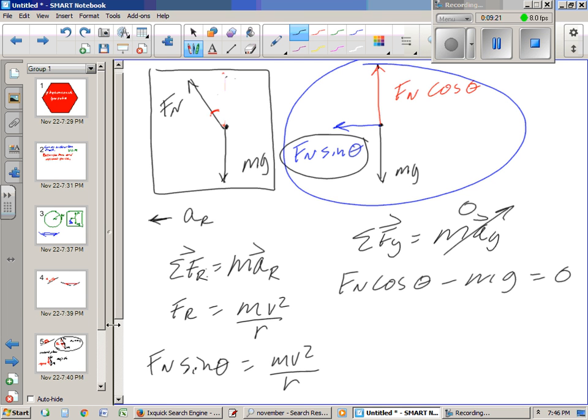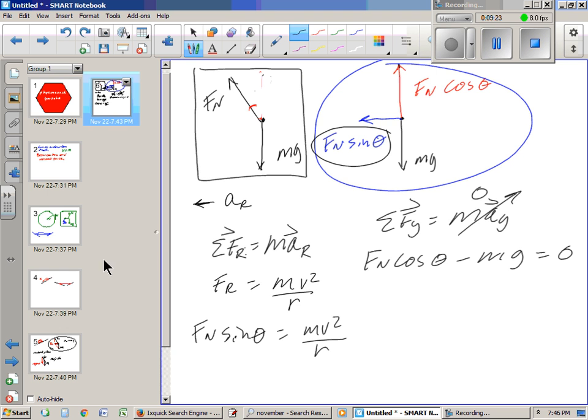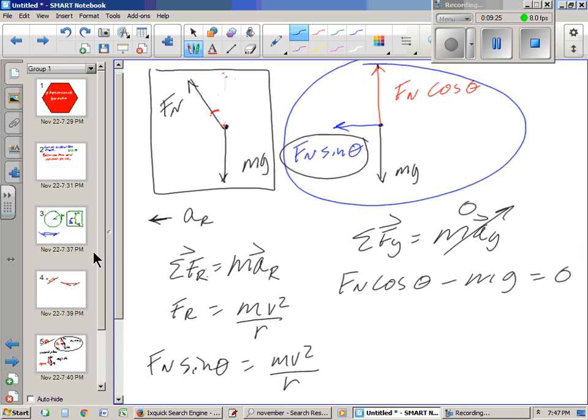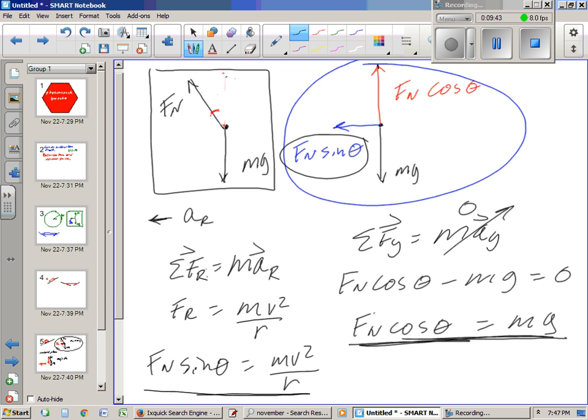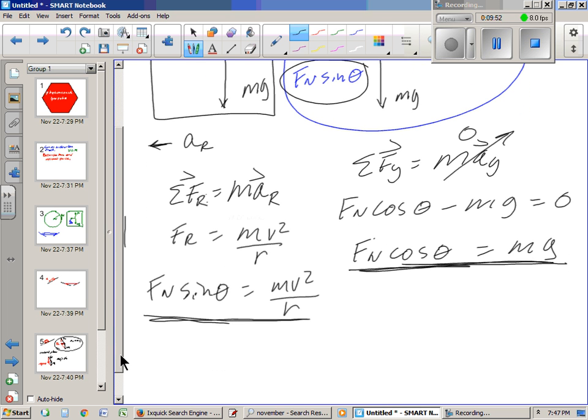Now we're going to do something here. What I'm going to do is move the mg over to the other side. And now we have two equations that look similar in one way. It's Fn on both sides times some trig function equaling something else on the other side.